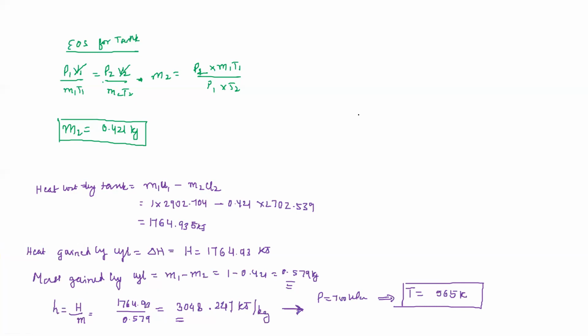So let's say you have a balloon. In the beginning of the class, I gave you an example of a balloon being inflated. In a balloon, if you fill in air, this is going to be a constant pressure transfer.